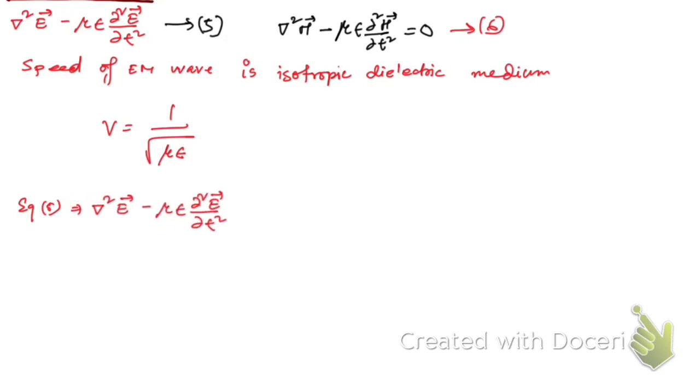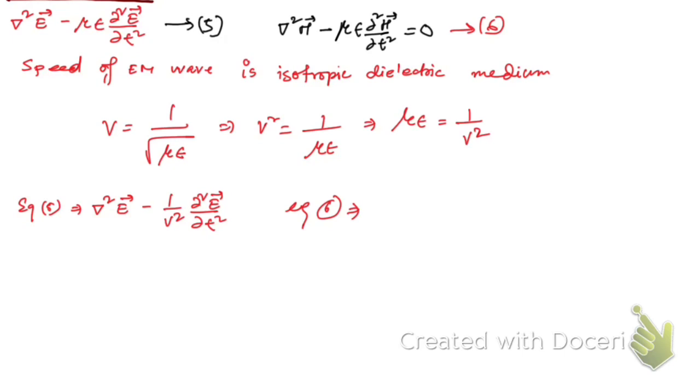So here you see this term can be replaced by 1 by V square, because if you simplify this, then V square is equal to 1 by mu epsilon, which implies that mu epsilon is equal to 1 by V square, right? And similarly equation number 6 implies this 1 by V square, del second order derivative of H with respect to time t.